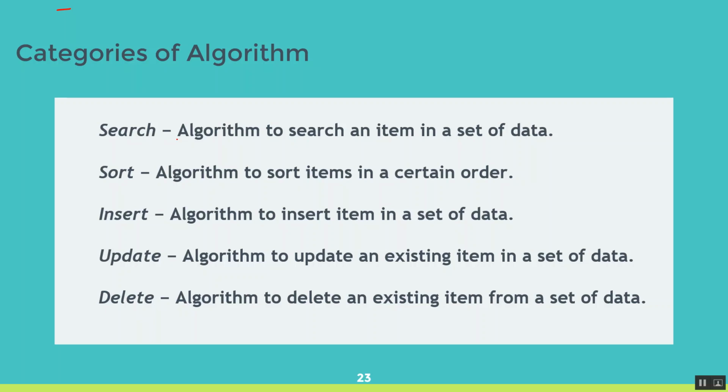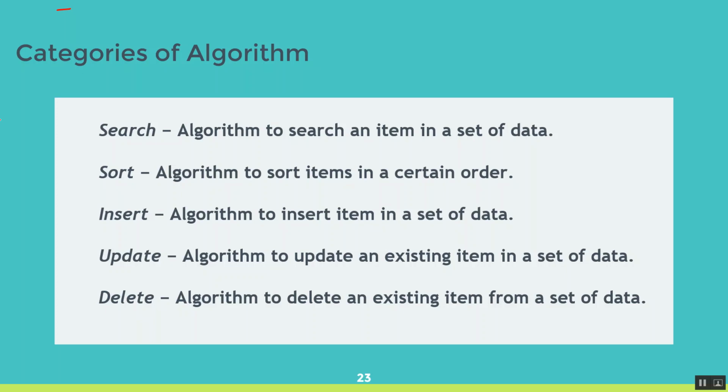Sort is an algorithm to sort items in a certain order, let's say alphabetical order, ascending order, descending order, or any order that could be used in an implementation. Insert is an algorithm to insert an item in a set of data. Update is for updating an existing item in a set of data, and delete is for deleting an existing item from a set of data.